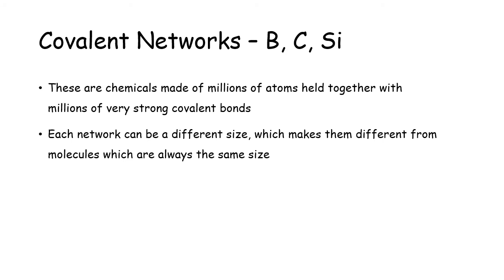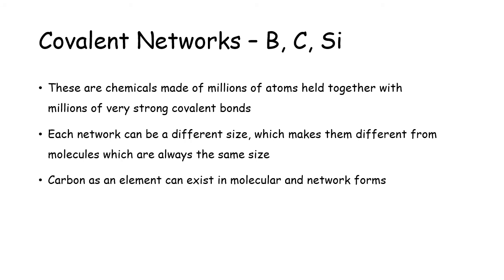Whereas you can write a formula for something like phosphorus, P4, because every molecule has 4 phosphorus atoms in it. Carbon can exist in 2 network forms, as well as the molecule forms that we just looked at on the previous slide. And you need to remember which 2 are molecules and which 2 are networks.